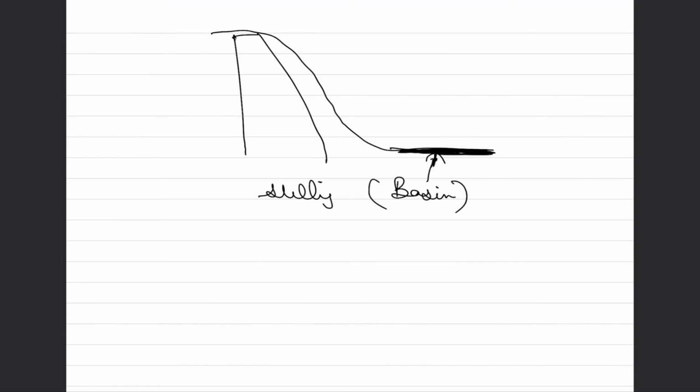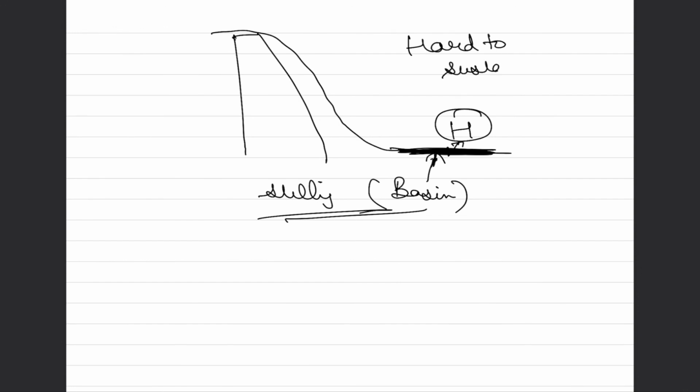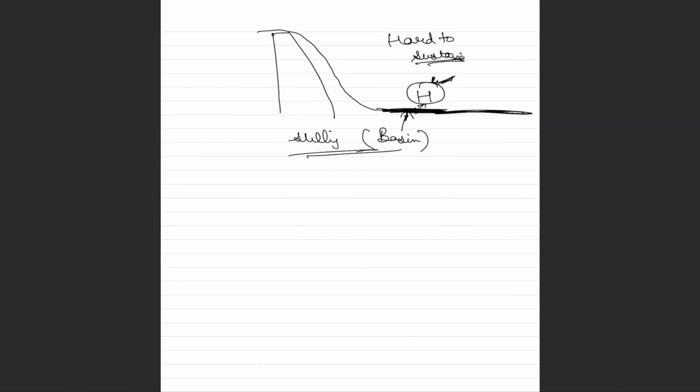This stilling basin would have almost zero slope, and when slope is equal to zero, our profile is going to be horizontal. Needless to say, this particular profile is hard to sustain because water cannot flow on horizontal surface unless there is a constant velocity head present throughout to push that water. Hence, we would have limited encounter of horizontal profiles.